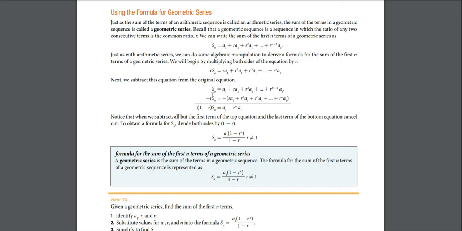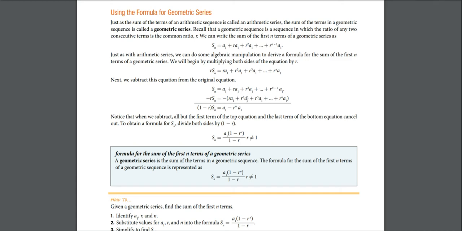So on this side, we get 1 minus r times S, right? And then on this side, there's nothing we can combine with this term. But here we have r a1 minus r a1, r squared a1 minus r squared a1.